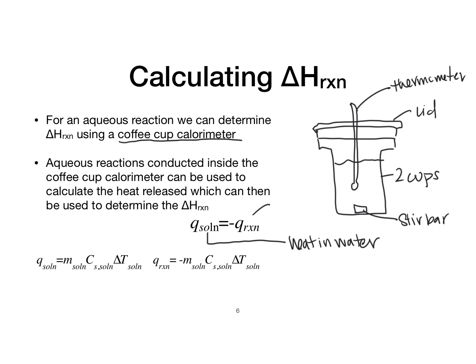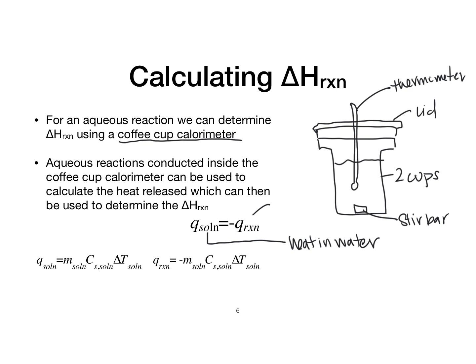So we can start to think about these equations. Q solution is going to be equal to the mass of solution times the C sub s of solution times the change in temperature. This is quite similar to the other ways we could calculate Q, which would be the heat required to change the temperature of a substance without a reaction occurring.